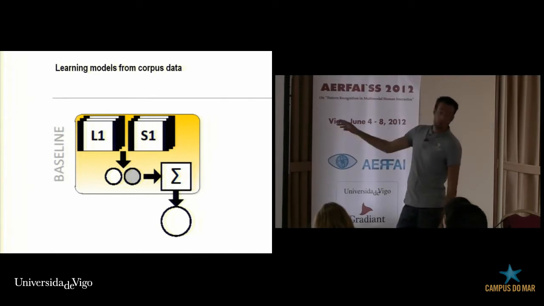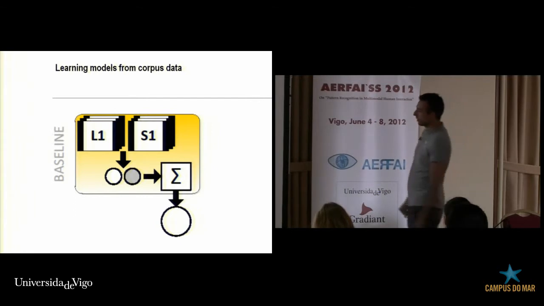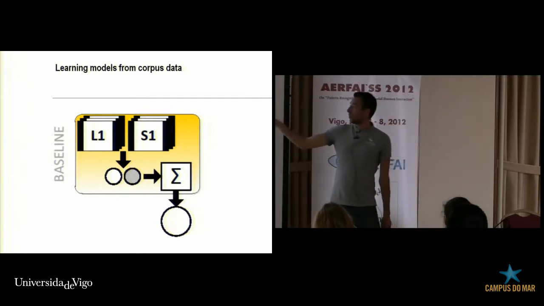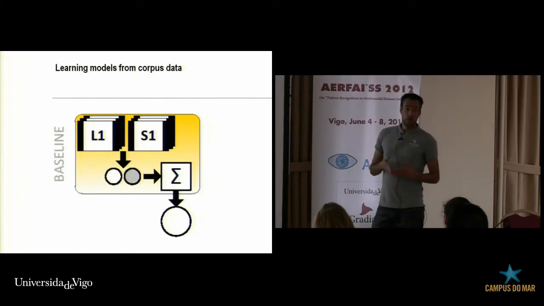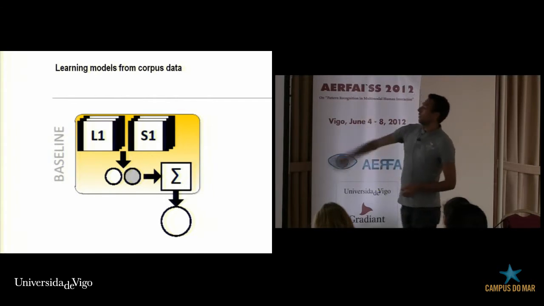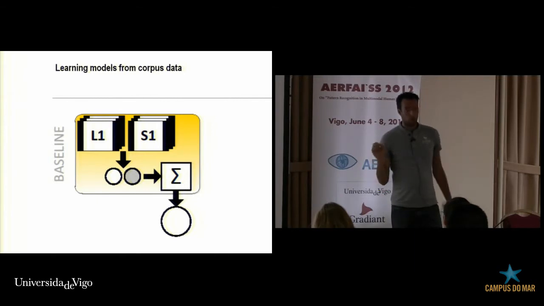I'll explain this shortly. We have videos of listeners and speakers. We extract the moments in time that correspond to positive samples, the white ones, and the gray ones, which are the negative samples. Then we learn a model, and eventually you have a circle, which is the model.